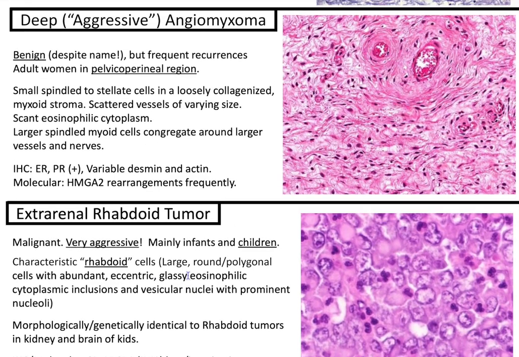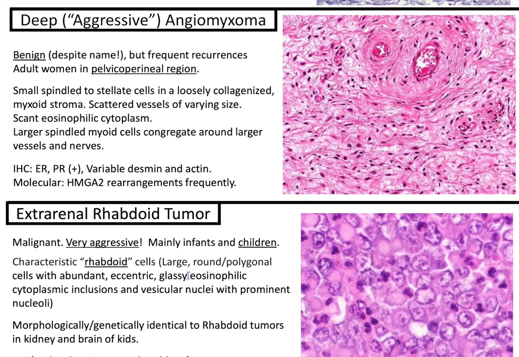This used to be called "aggressive" angiomyxoma, hence the quotes, but now the term has changed to deep angiomyxoma because it's benign. It's not aggressive, or it's not malignant, and it does have frequent recurrences. And it's in adult women in pelvicoperineal regions.